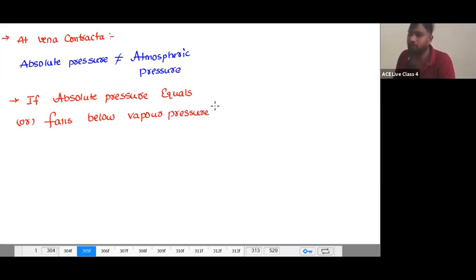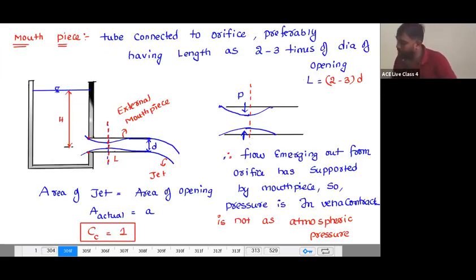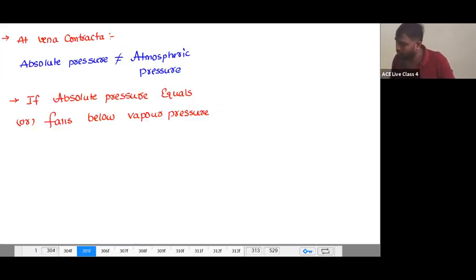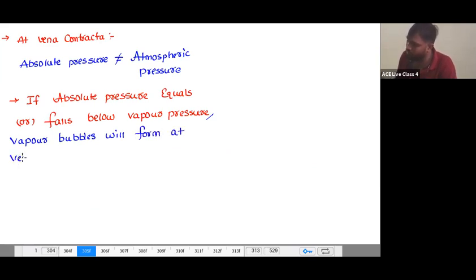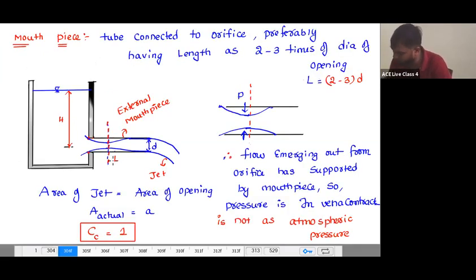The pressure at which water starts to vaporize. If the absolute pressure equals or falls below the vapor pressure, then vapor bubbles will form at the vena contracta. You can observe that some bubbles are going to be formed. Some bubble formation would be there.